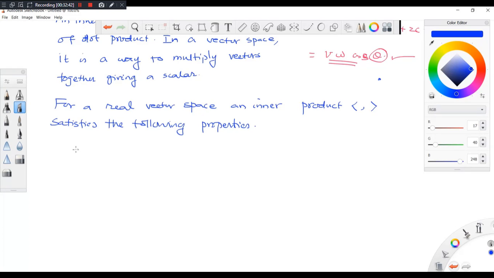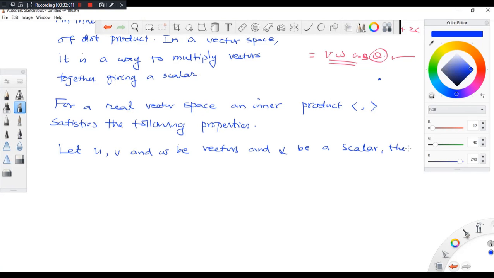Take any three vectors u, v, and w, and let alpha be a scalar.